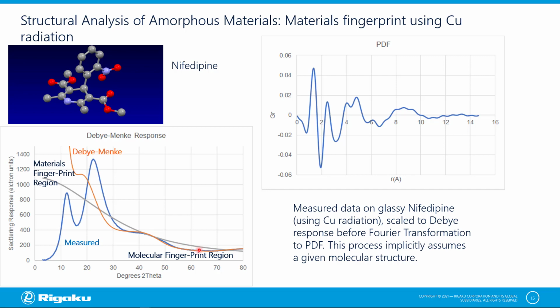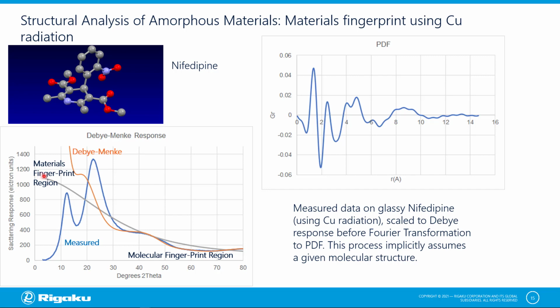And we know that if the molecular structure is fixed, or we take as given that we know what the molecular structure is, then at high 2 theta, the measured data must follow this Debye-Menke calculated response itself. And so this gives us a very powerful tool for normalizing measured data on smaller ranges to give it the appropriate normalization.